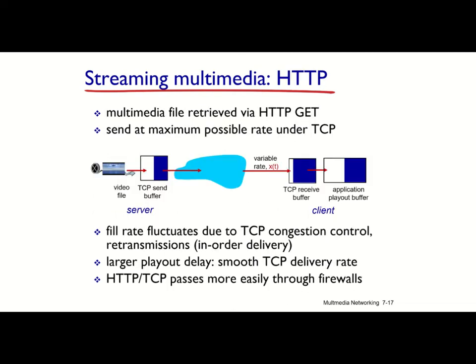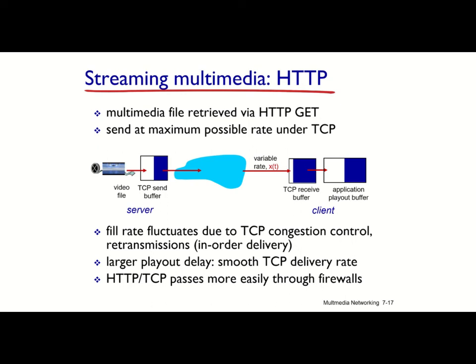On the other hand, there are some streaming applications that use HTTP and obviously TCP for the transport layer. So in these applications, the multimedia file is retrieved via HTTP GET, and the server sends at the maximum possible rate under TCP.